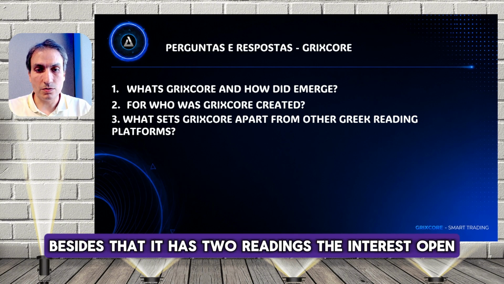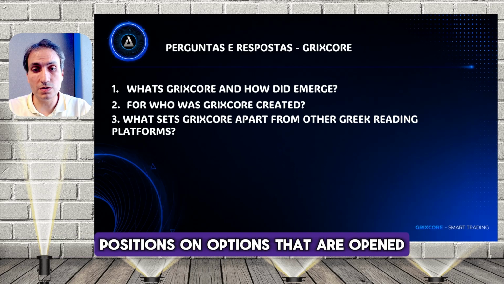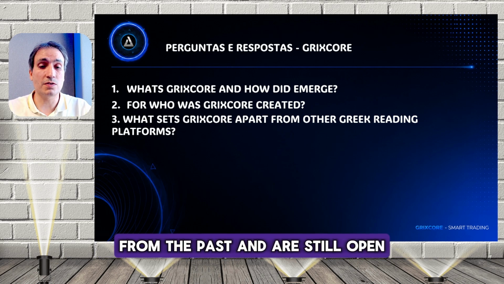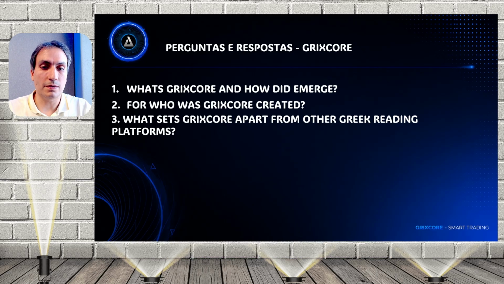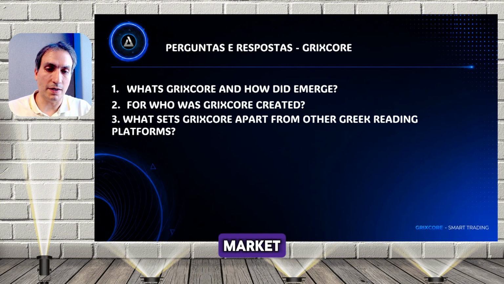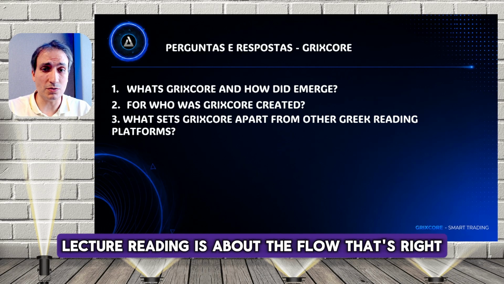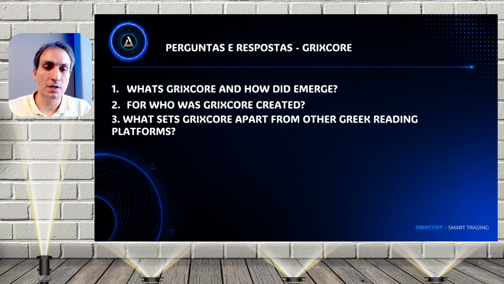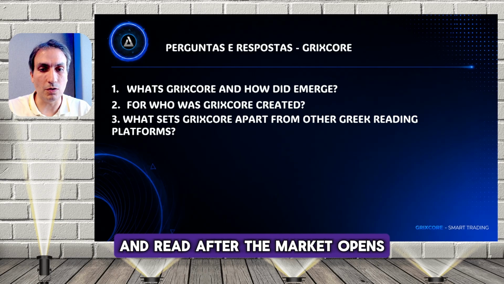Besides that, it has two readings: the open interest, so the positions on options that were opened in the past and are still open, and a reading of the flow that's happening right at the moment. Of course, I'm talking about market open, so the flow you can only see and read after the market opens.